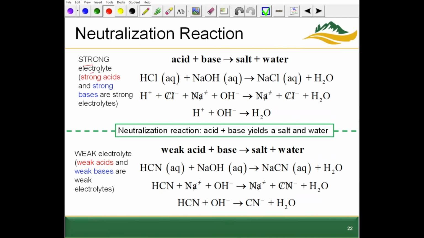We know that both strong bases and strong acids are strong electrolytes. They can completely dissociate into their respective ions. When a strong acid and a strong base, like hydrochloric acid and sodium hydroxide, react together in a neutralization reaction, they'll form a salt and water.